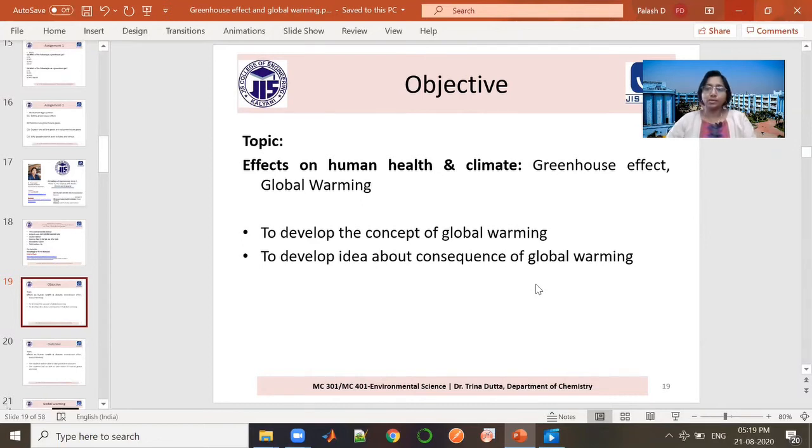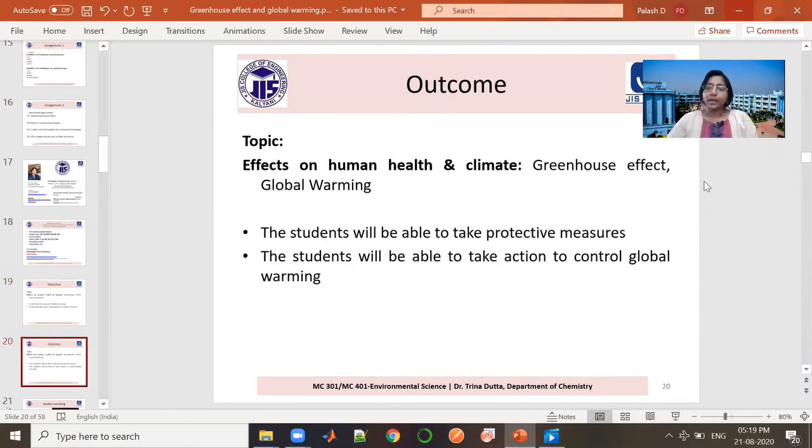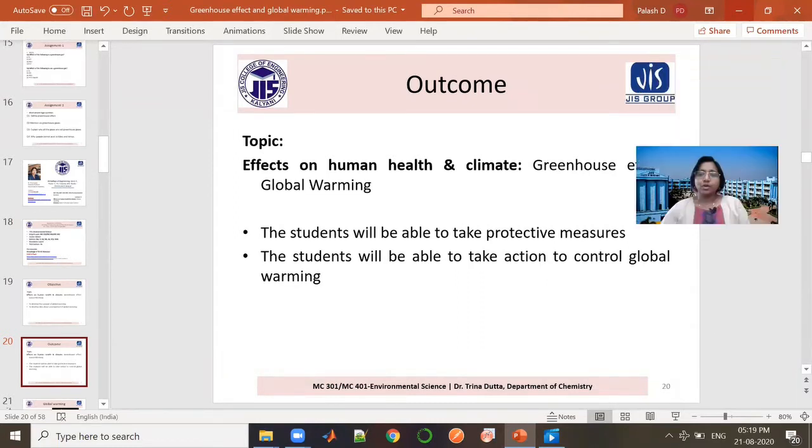And what is the benefit if you know the consequences and the causes of global warming? Then you can take protective measures, which is the most important part, and also take action to control global warming.